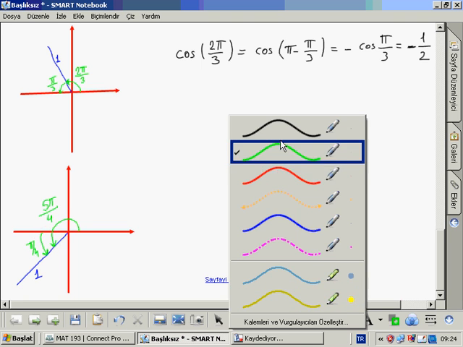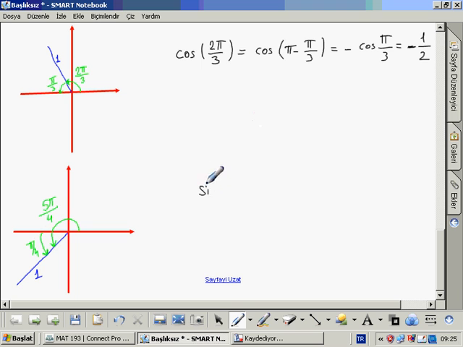So what can we say about this? Sine of 5 pi over 4 equals sine of pi plus pi over 4, of course, and it is equal to minus 1 over 2. I'm sorry, it's not 1 over 2. Minus square root of 2 over 2.